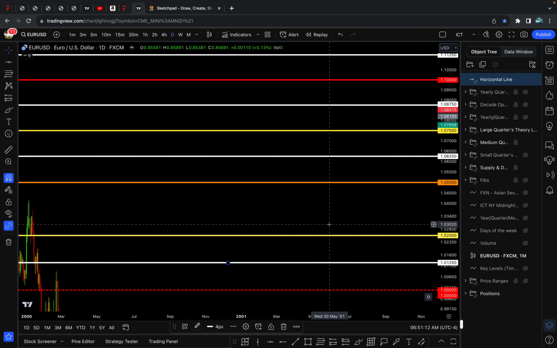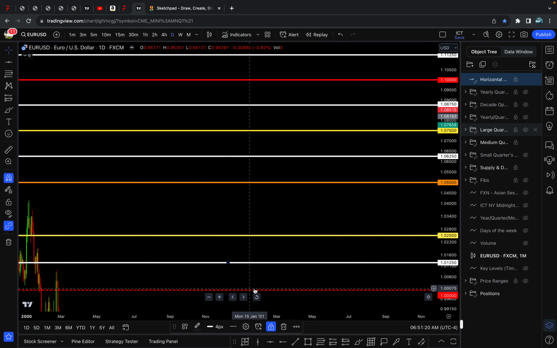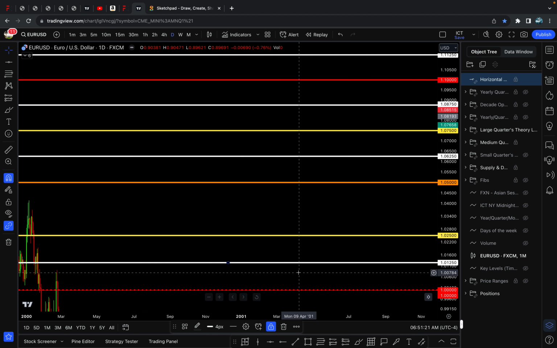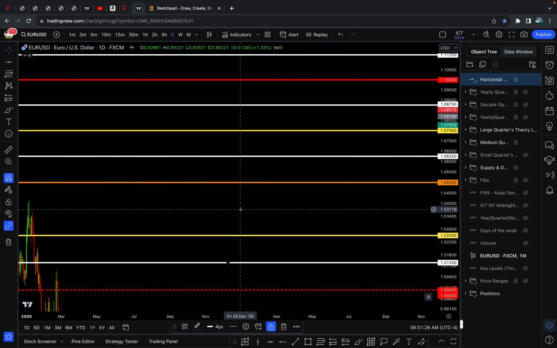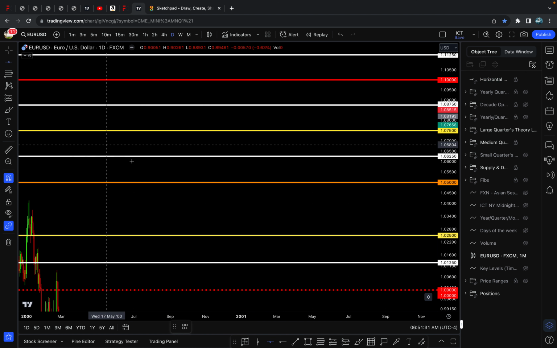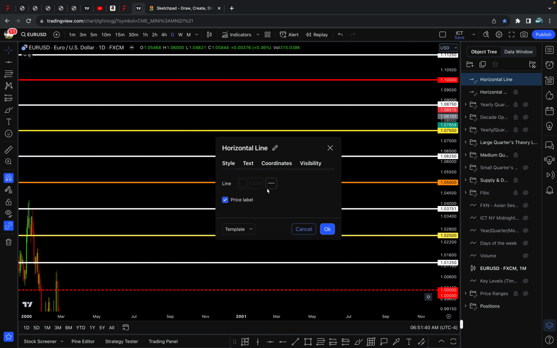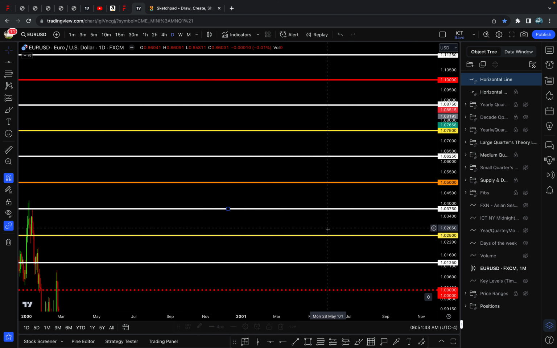Now, the reason that I use this dot down here for the 100,000 levels is so that I can use the thick one for the 10,000 levels, which enables me to use the thinner lines for the 1,000 levels. Hopefully this is making sense.